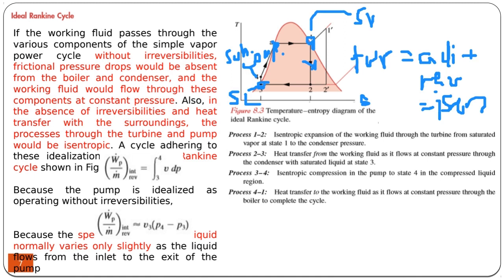Then as the phase change takes place, it becomes a saturated vapor. So you have compressed liquid here at high pressure, and at the exit of the boiler, you have saturated vapor. This is called a cycle with saturated vapor.